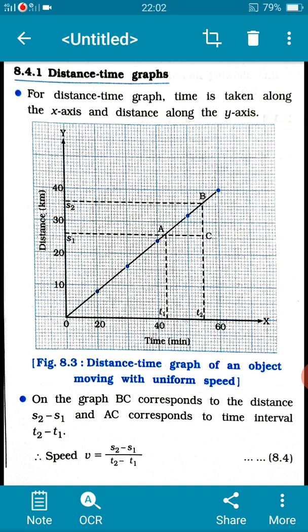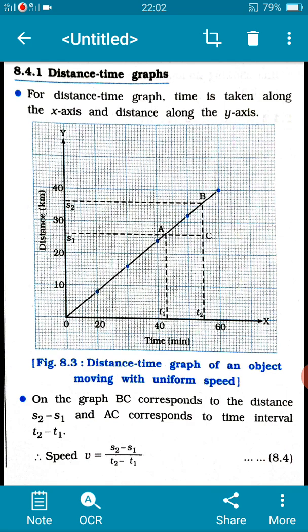And now see the graph, the straight line graph is represented as OB. And the portion OB of the graph shows the distance is increasing at a uniform rate. From the graph it's very clear.